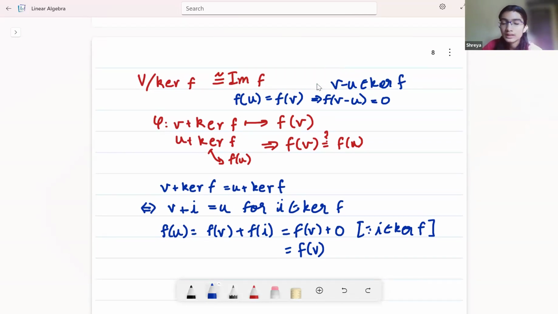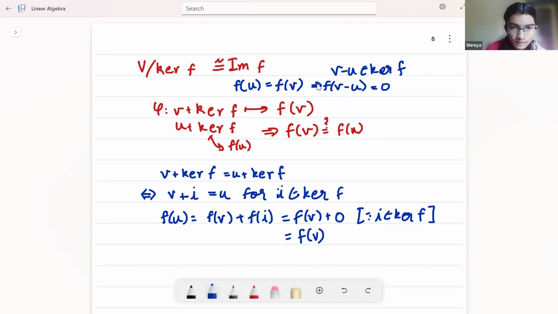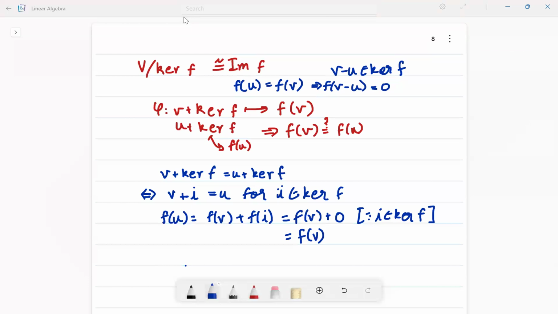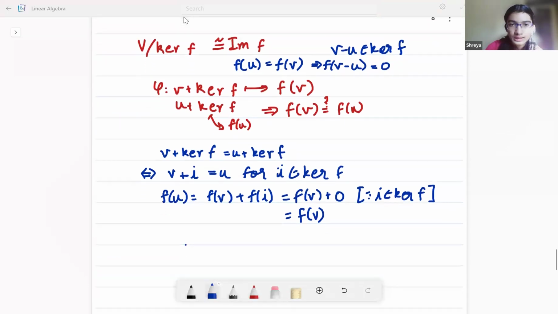We still need to prove that it is a linear map. We're sending v plus kernel of f to f of v, and f of v takes all the values in the image, so it's surjective. Now we need to prove that it's a linear map.